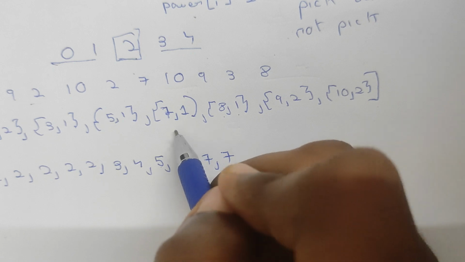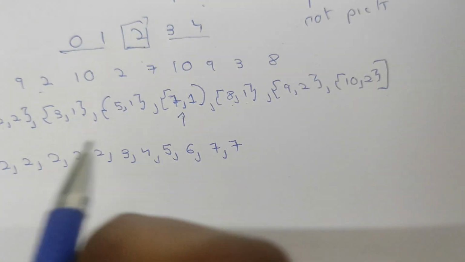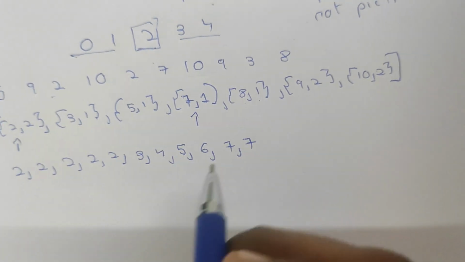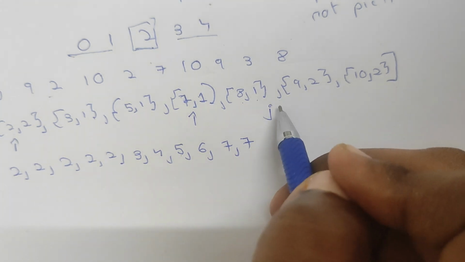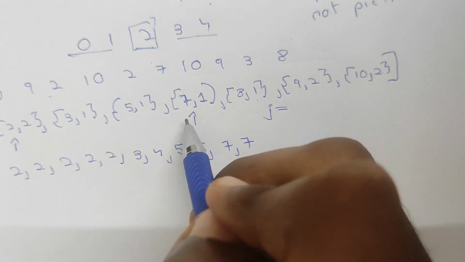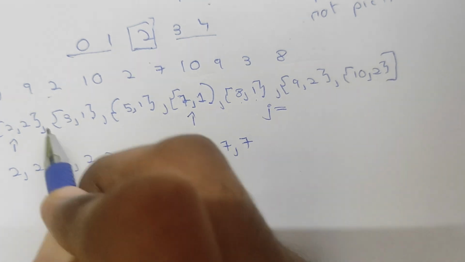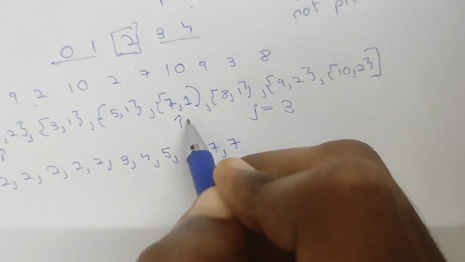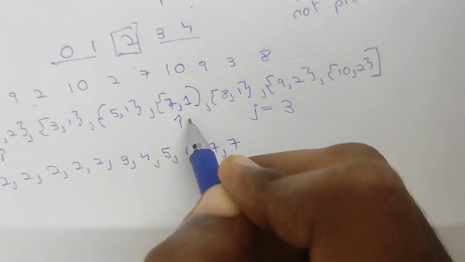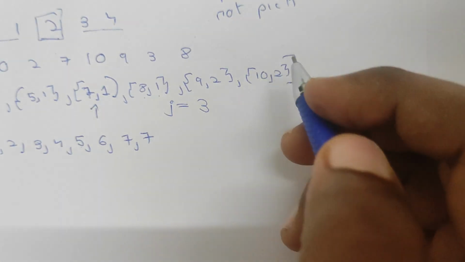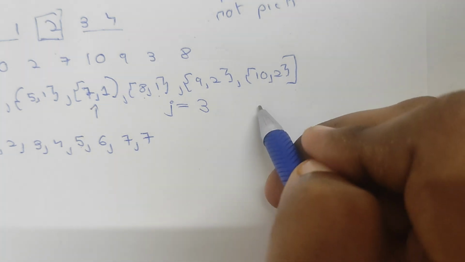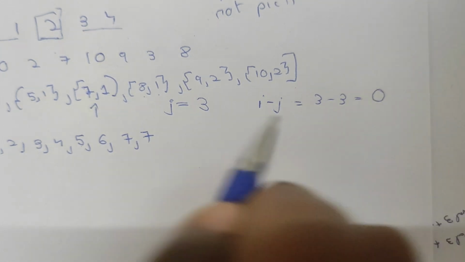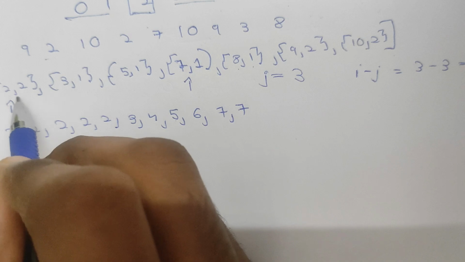Suppose we are standing on this fourth index, and the value I chose before is this one. Then I get the index that we chose before by subtracting i minus j. i minus j is 3 minus 3, which is 0. So the value that I chose before is at the 0th index.